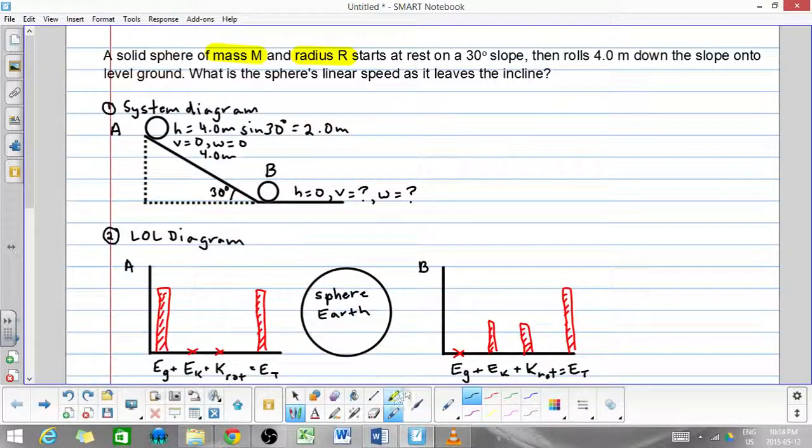Okay. So, to review, system diagram. Find your relevant positions, write down all your knowns and unknowns. In this case, you care about the height, the speed, and the angular speed.